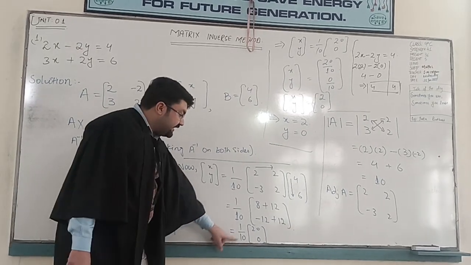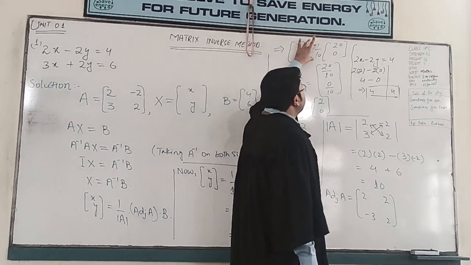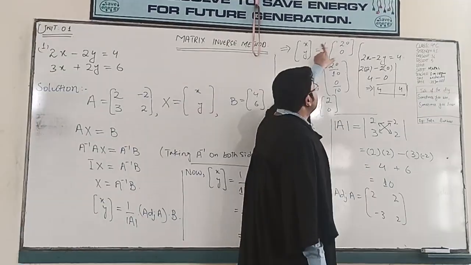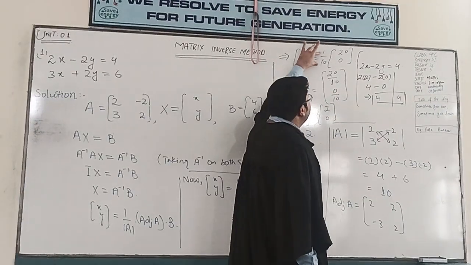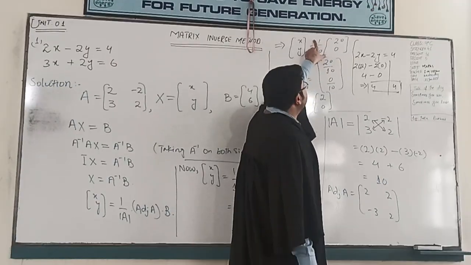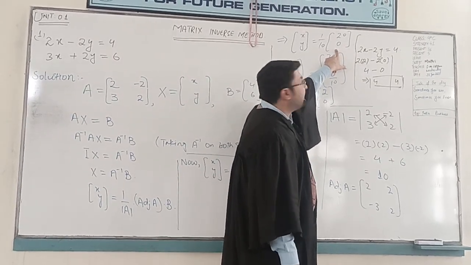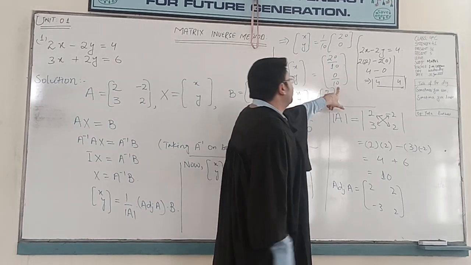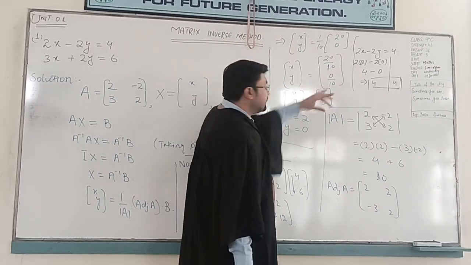So we have 1 by 10 multiplied with [20; 0], which gives [20 by 10; 0 by 10]. Now 20 divided by 10 is 2, and 0 divided by 10 is 0.